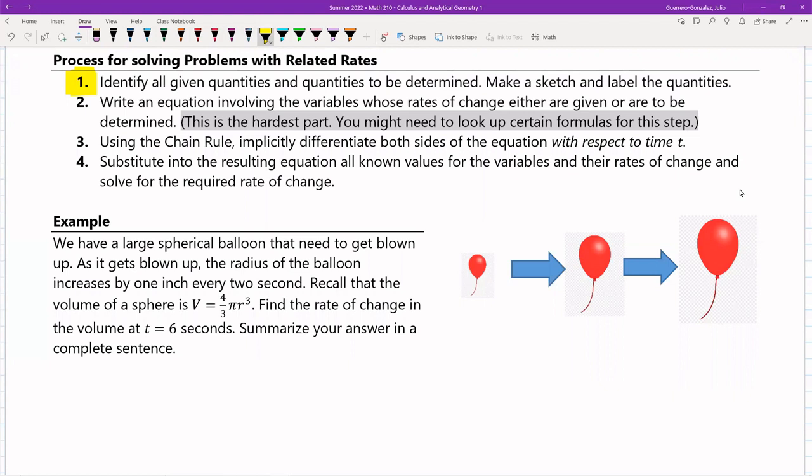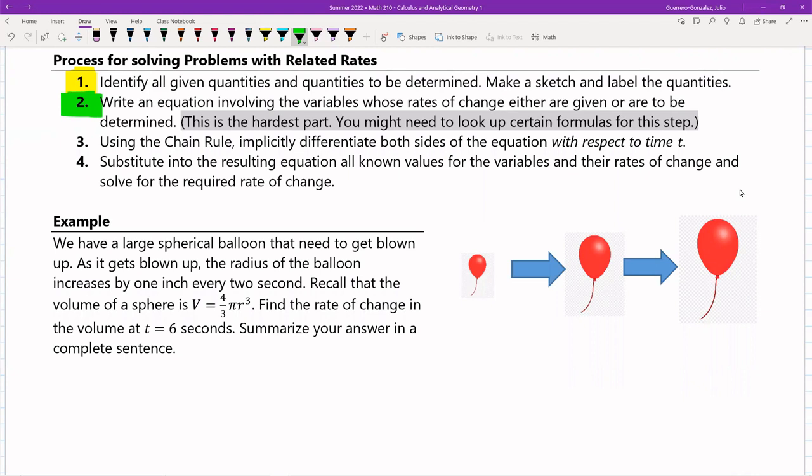Okay, step two tends to be the hardest. Step two deals with writing an equation that involves all the variables that you need to work with. You might need to go back into your history books, back into kindergarten, way back, and find the equation that you need.